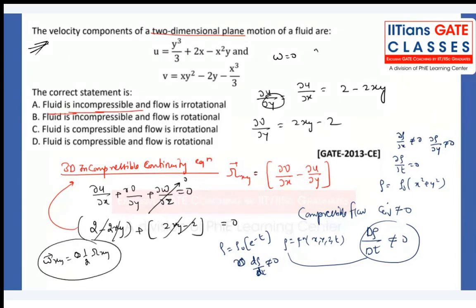Dou v by dou x is y square minus x square, and dou u by dou y is y square minus x square. So y square minus x square minus y square plus x square is equal to 0. Flow is irrotational. Option A is correct.